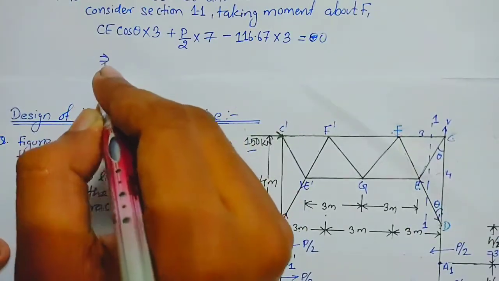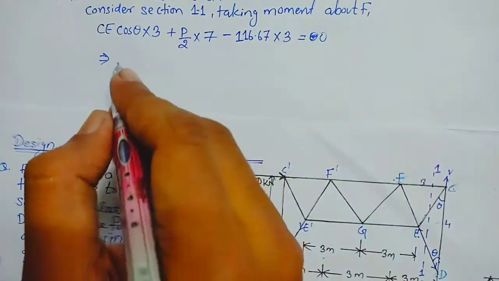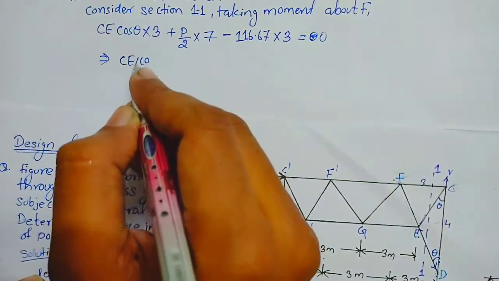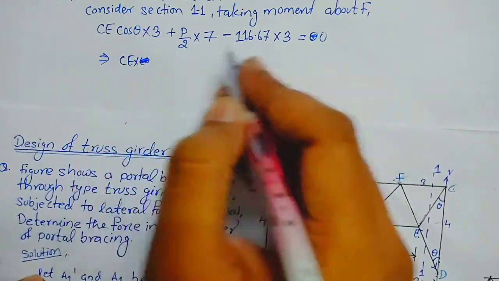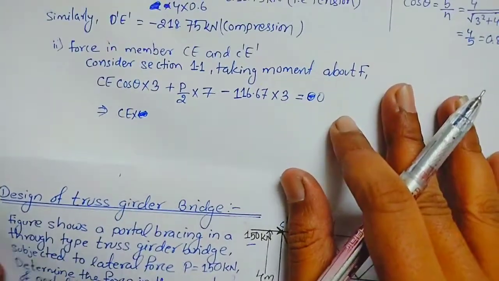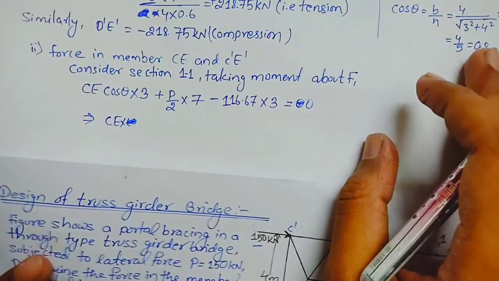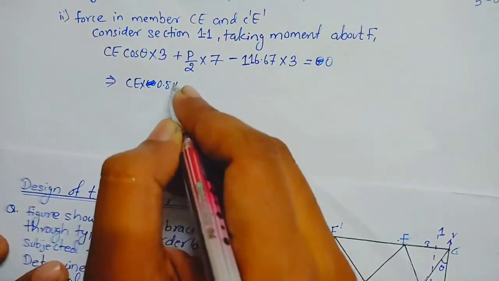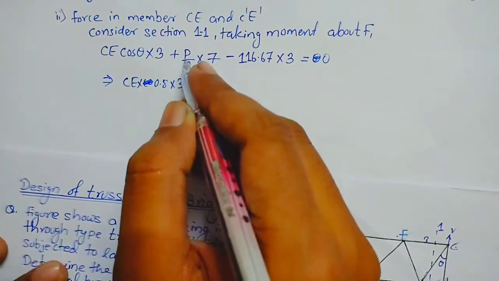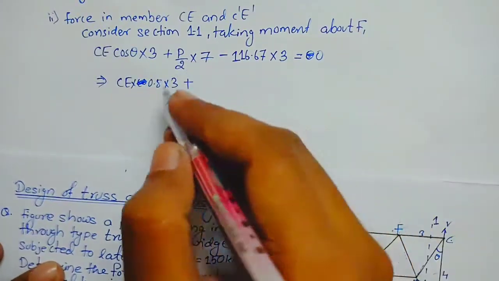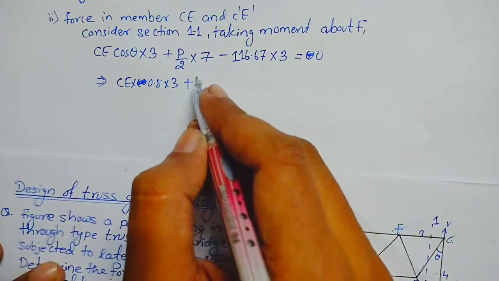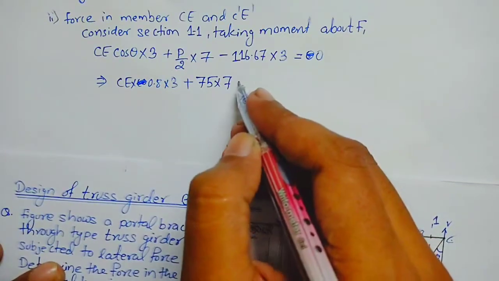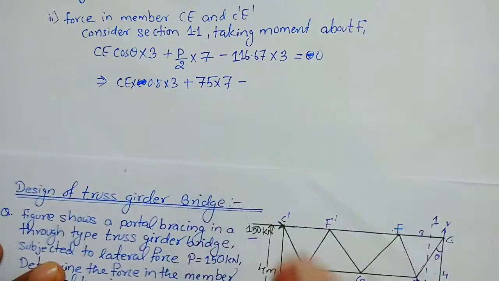On solving this, we have CE cos theta, the value of cos theta is 0.8, we have already calculated it here, 0.8. So let us write down here 0.8 times 3 plus the value of P by 2, we have calculated the horizontal reaction, which is half of 150 kilonewton, meaning 75 into 7, minus 116.67 times 3.